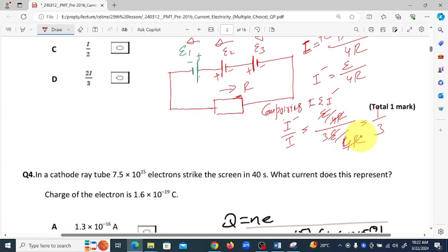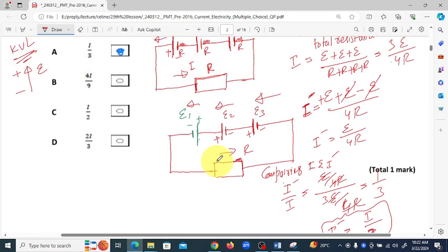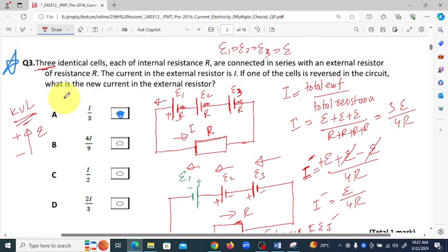So the new current I dash is equal to I over 3, one third of the original current I. So our answer will be option A. A is the correct option.